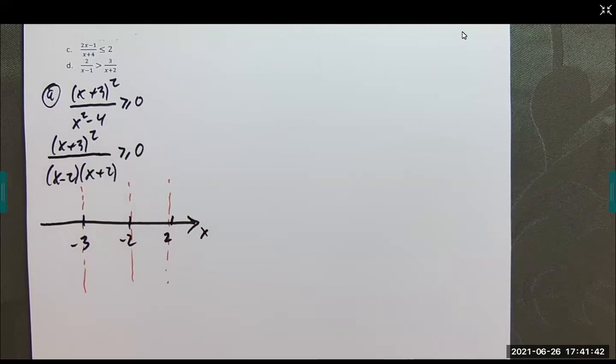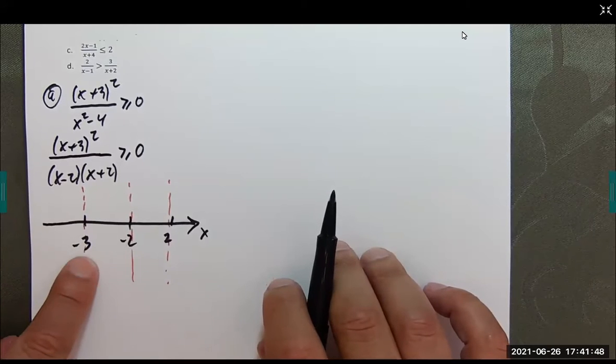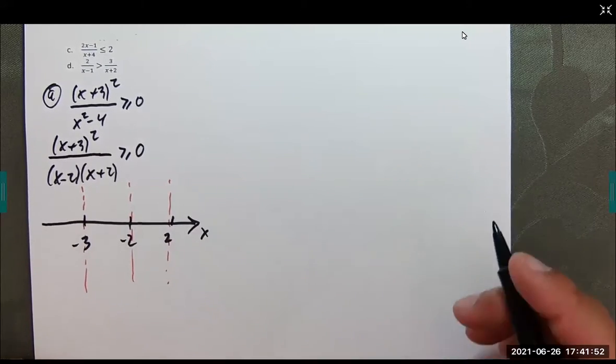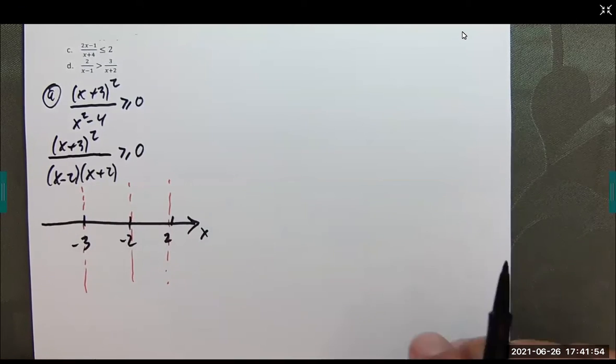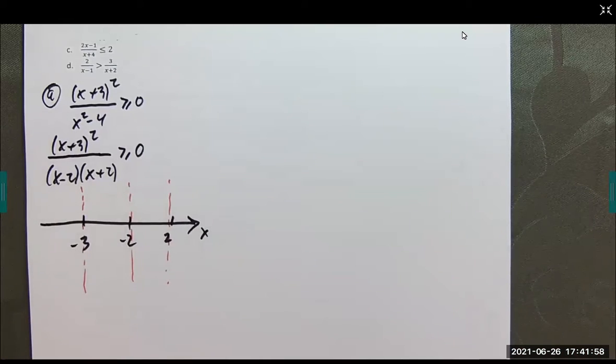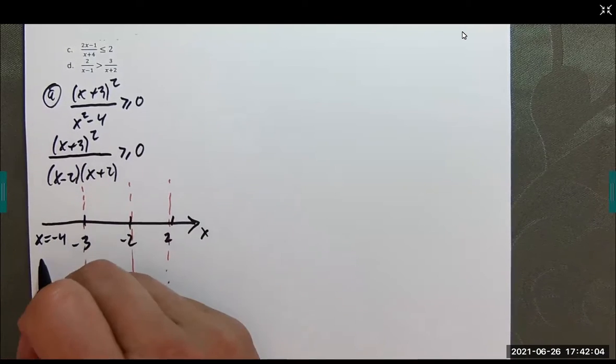And we have 4 regions to test. So what I'm going to do is pick any value that's less than -3, then one that's in between here, one that's in between here, and then one that's bigger, to see what the sign is. Unlike some of the polynomials, once you find one, it doesn't just alternate. These don't do that in the same way. So let's test a number back here. Let's test x equals -4.